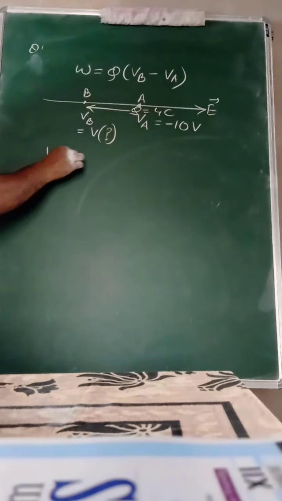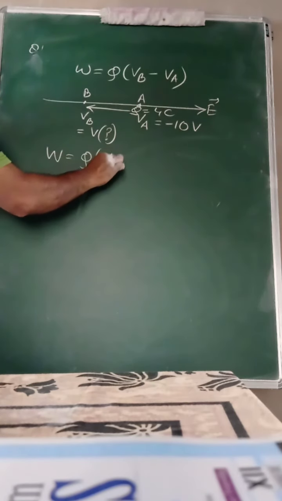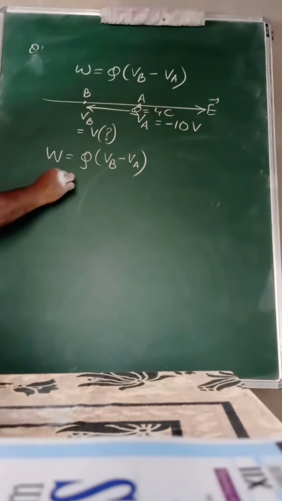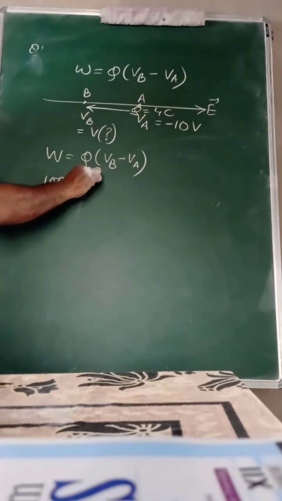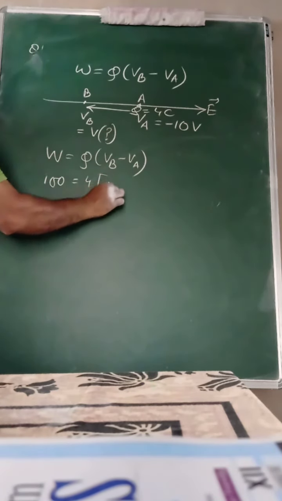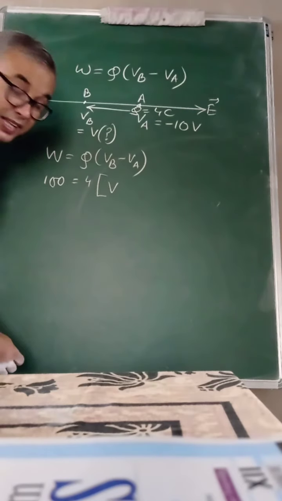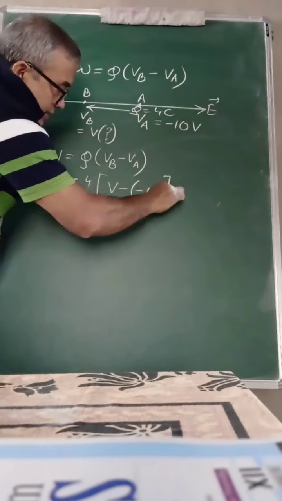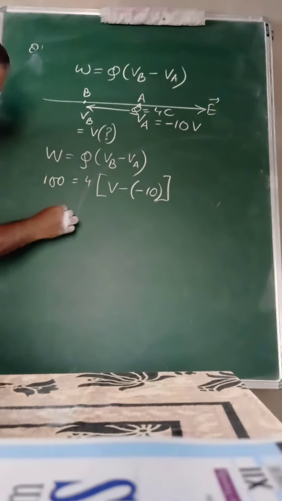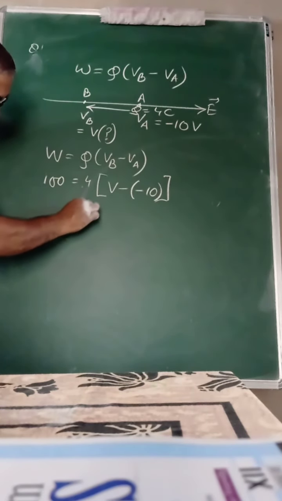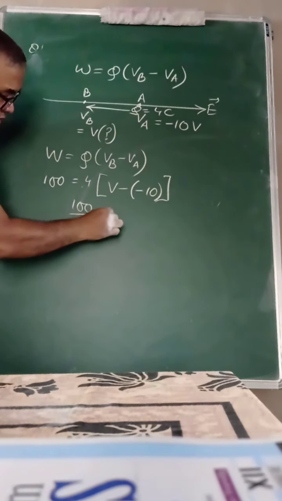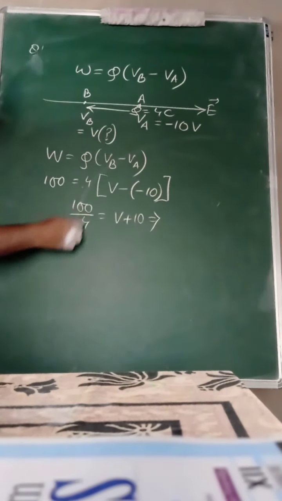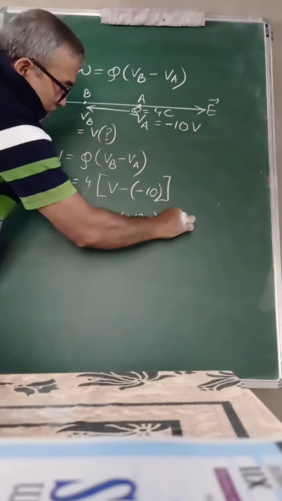The expression is W = Q (VB minus VA). So W is 100 joule, Q is 4 coulomb, potential at B is V, which is unknown to us, and potential at A is minus 10 volt. If I divide 100 by 4, this is V plus 10. What is 100 by 4? 100 by 4 is 25.